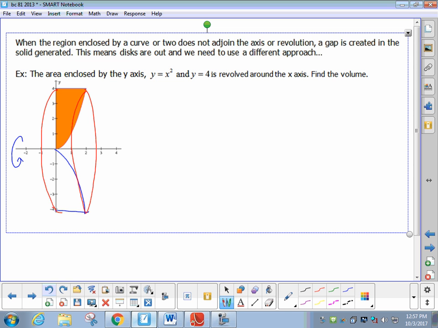If you looked at some of these slices, when they got revolved, this slice would have a reflection of this, and when I joined it, it would look like that to the outside and that to the inside. And there'd be this huge hole in the middle.